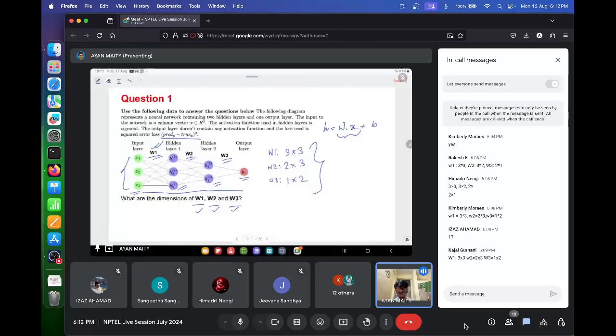For the first layer, it is W1 X plus B. For the second layer, it would be W2 into A1 plus B, where A1 is the activation of the previous layer. Then W3 into A2 plus B. So that these matrix multiplications are compatible, you need this dimension convention: number of units in the next layer by number of units in the previous layer.